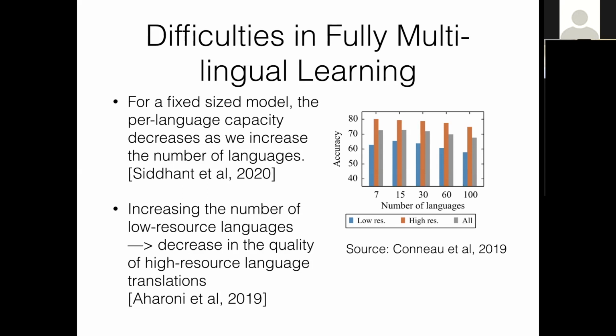Inherently, the model assigns some parameters to each of the languages, and if you increase the number of languages, the model tends to learn more generalized language representations and moves away from language-specific representations. Similar observations have been made by Arivazhagan et al., where for machine translation, if you increase the number of low-resource languages, there is a decrease in the quality of high-resource language translations.